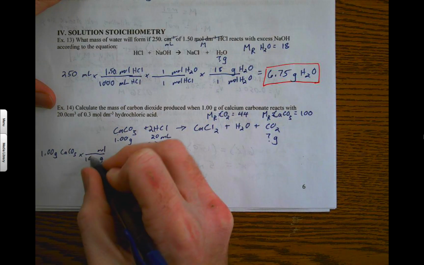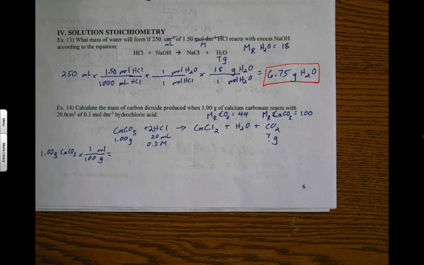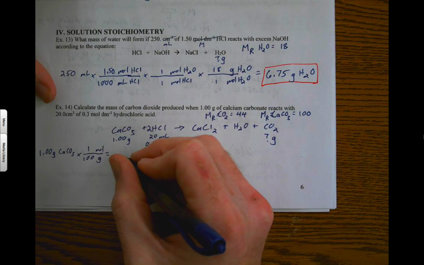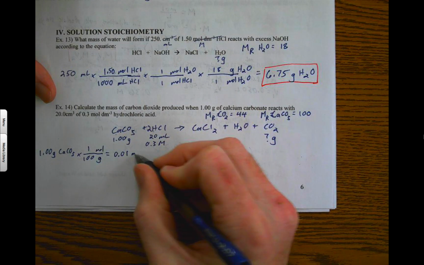The molar mass of calcium carbonate is super easy. It's 100. Let me verify that. Yep, 100. So 1 divided by 100 is 0.01. That's how many moles there are.